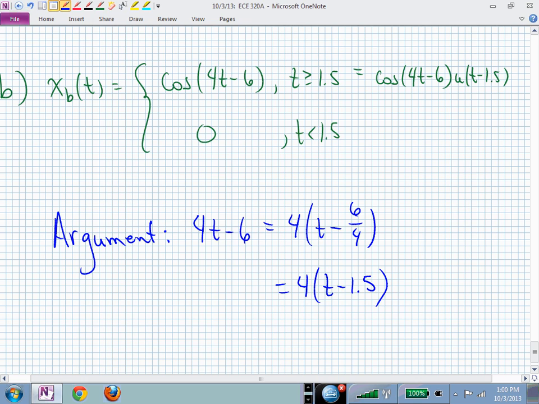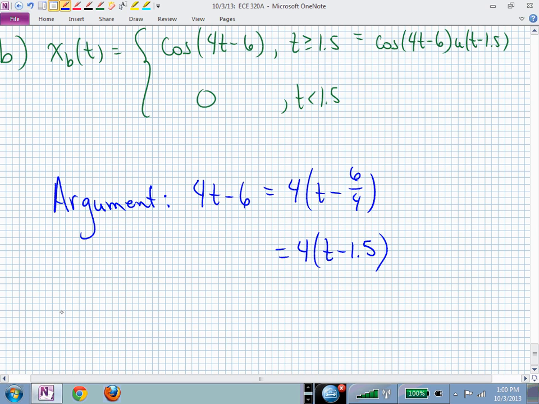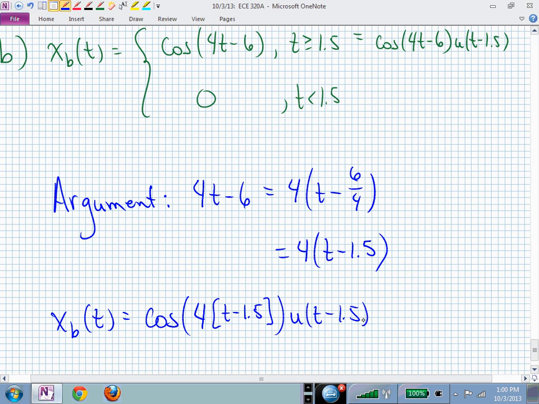So that argument in parentheses looks like when I turn it on, meaning I now can rewrite x sub b of t as cosine of 4 times (t minus 1.5) u of t minus 1.5. And the important thing is that this piece is the same as that argument.